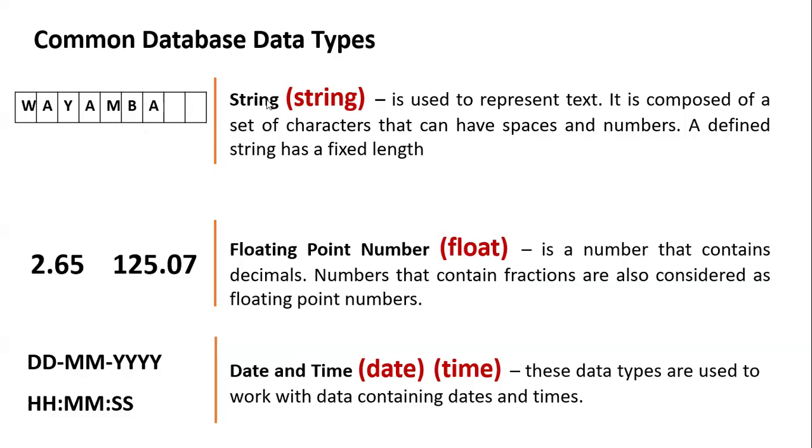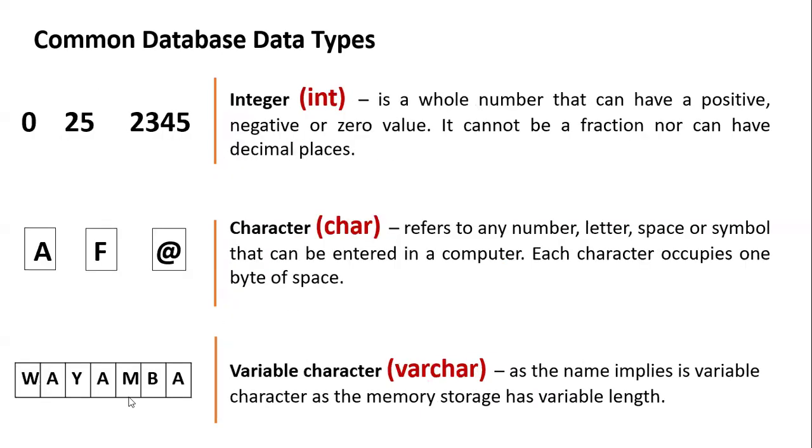Even if there are no characters in the remaining space, the string data type creates the entire space. But if you use varchar to keep the letters or sentences, then that will create the space only for the relevant letters. That is the difference.